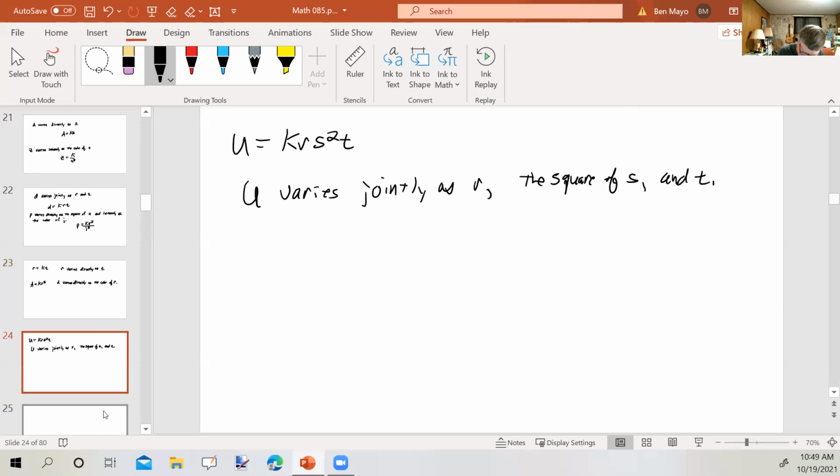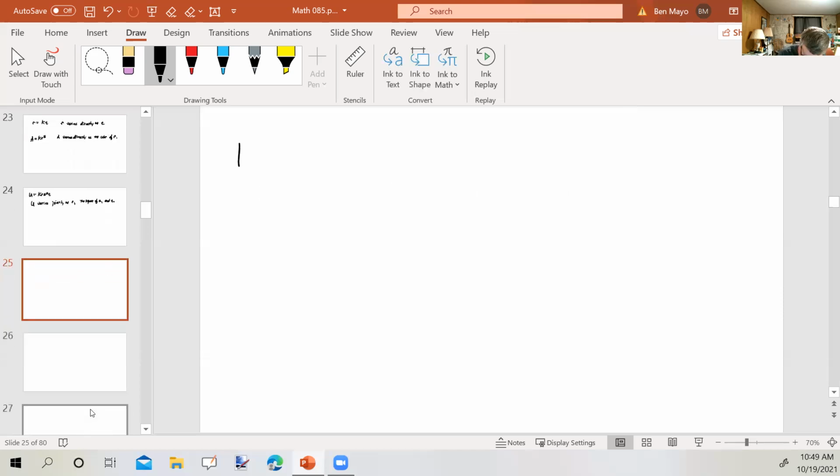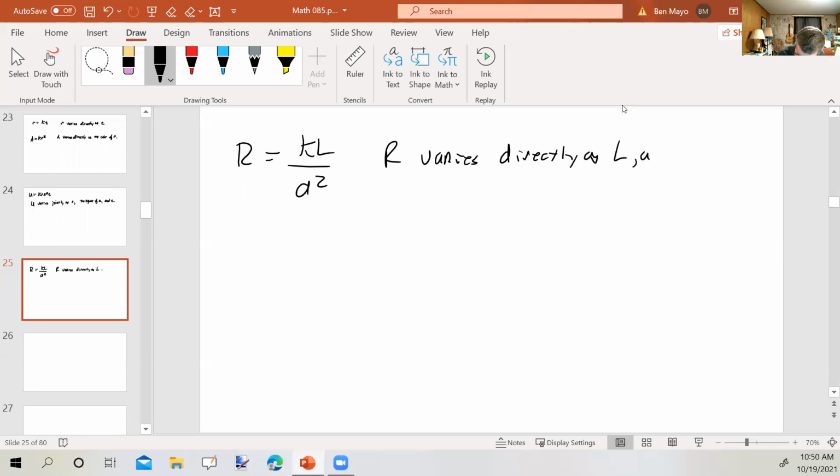R equals KL over D squared. R varies directly as L and inversely as the square of D.